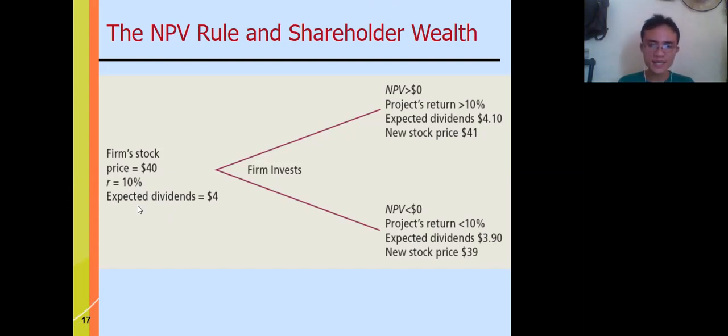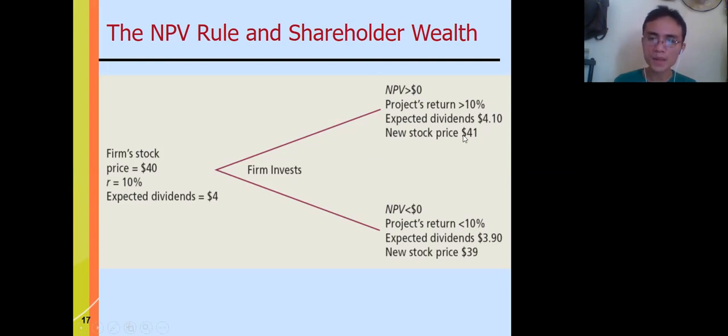All right, and then to continue, you also have here another case: if the firm invests, the expected dividend using the same rate at 10% is $4.10. If NPV is greater than 0, meaning there's a margin, the return is higher than the 10% that there is.